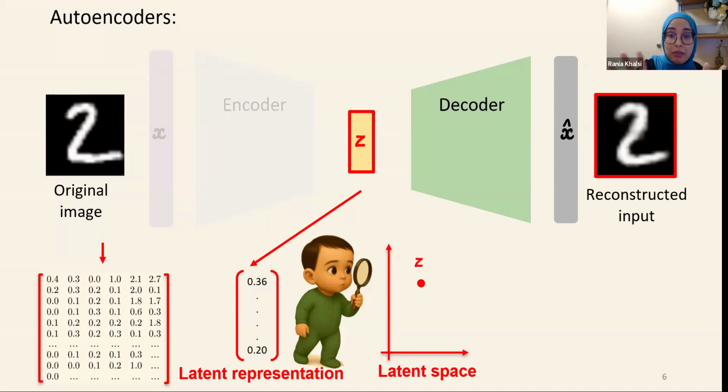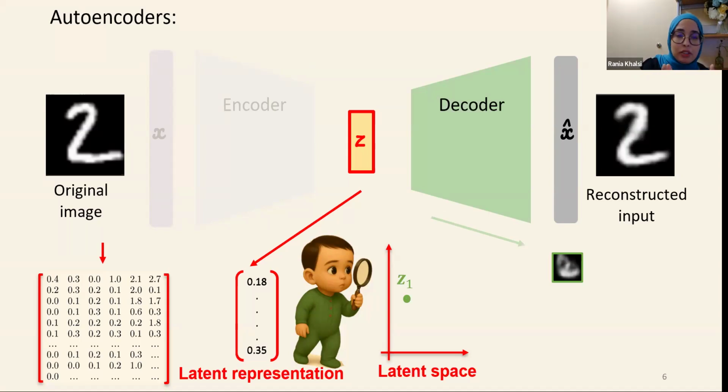We are going to pick randomly a point in the latent space, okay? For example, we can randomly get Z1 as a point. If we pass this point through the decoder, we are going to get the new version, the reconstructed input, from that random point that we got.